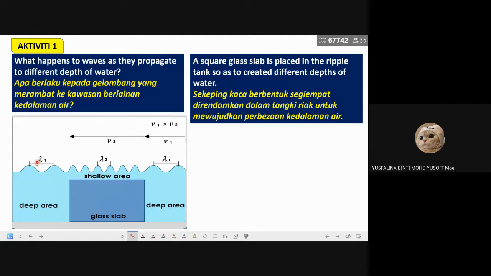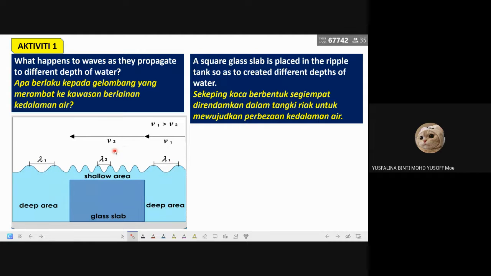You can see the wavelength lambda 1 at the deep area is longer than the wavelength lambda 2 at the shallow area. Then when it goes back to the deep area, the wavelength increases again.